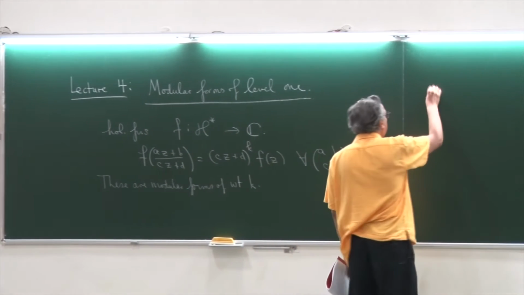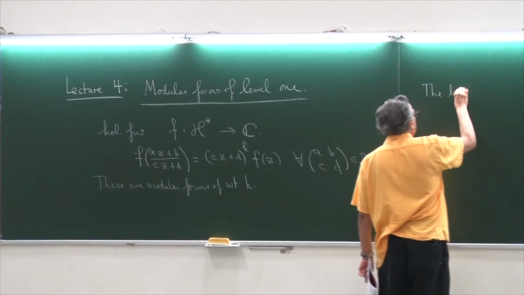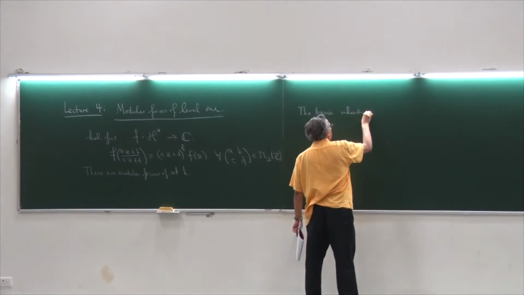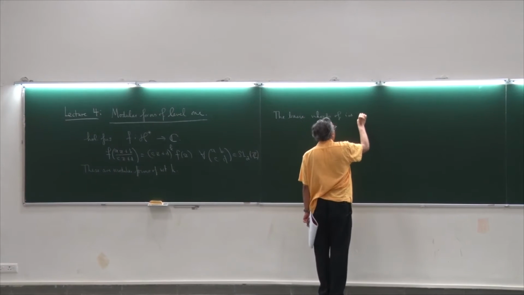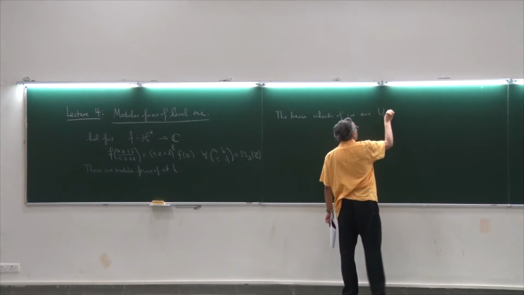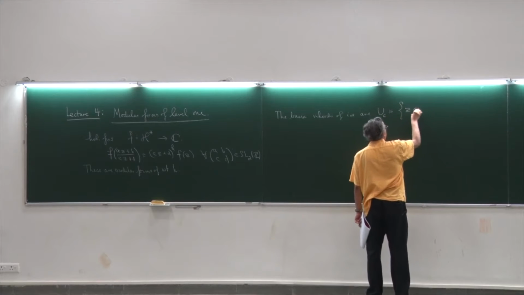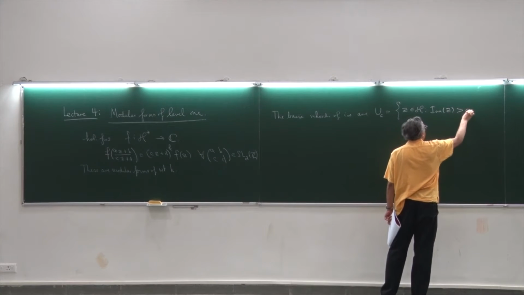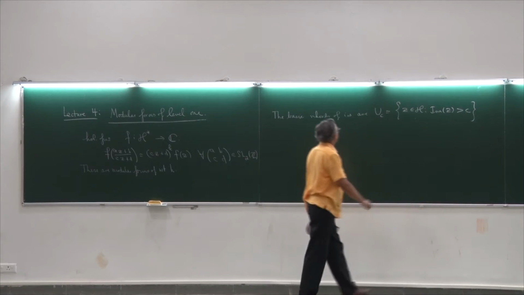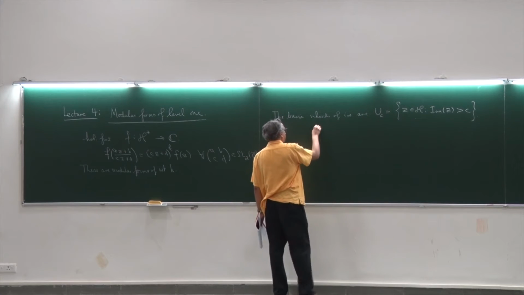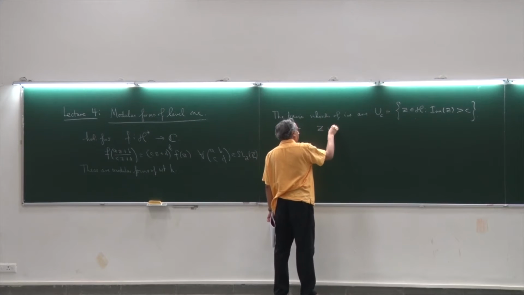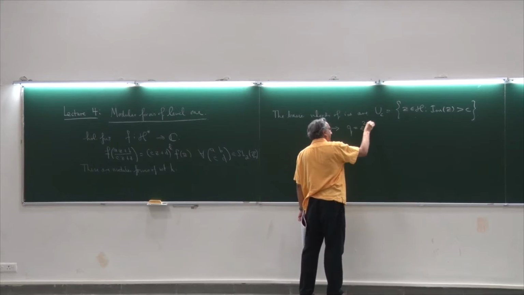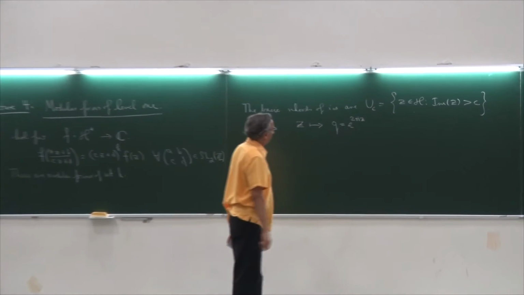So what does it mean for something to be holomorphic at infinity? Well, the basic neighborhoods of infinity are of the form U_c, z in the upper half plane with the imaginary part of z bigger than c. These are your basic neighborhoods. And if we look at the map that sends z to q, which is e to the 2 pi i z, notice I use the letter q here.